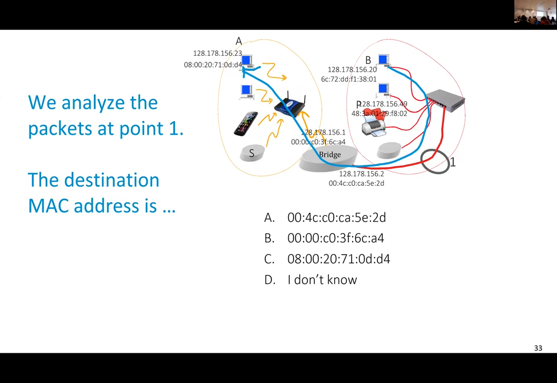What's the difference with the previous case? That the box in the middle is a bridge. As a consequence, you see that the addresses have changed also. The same question.